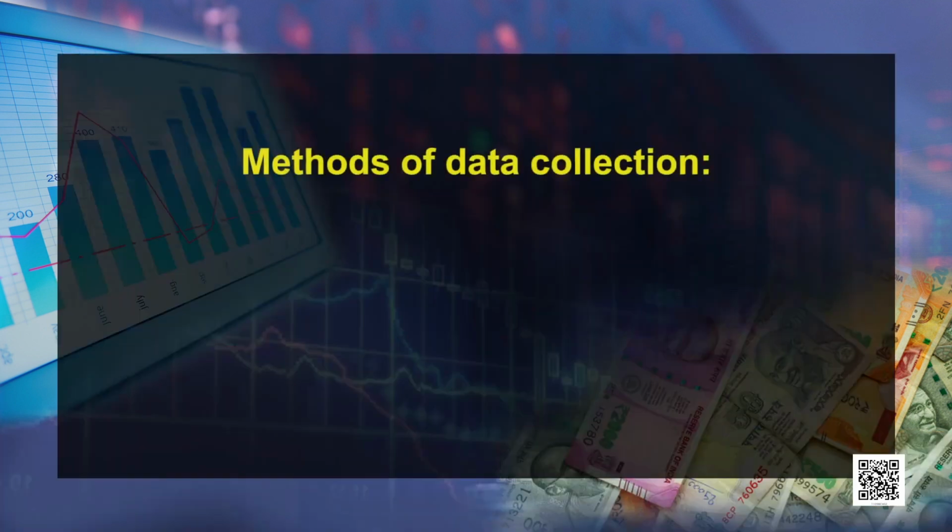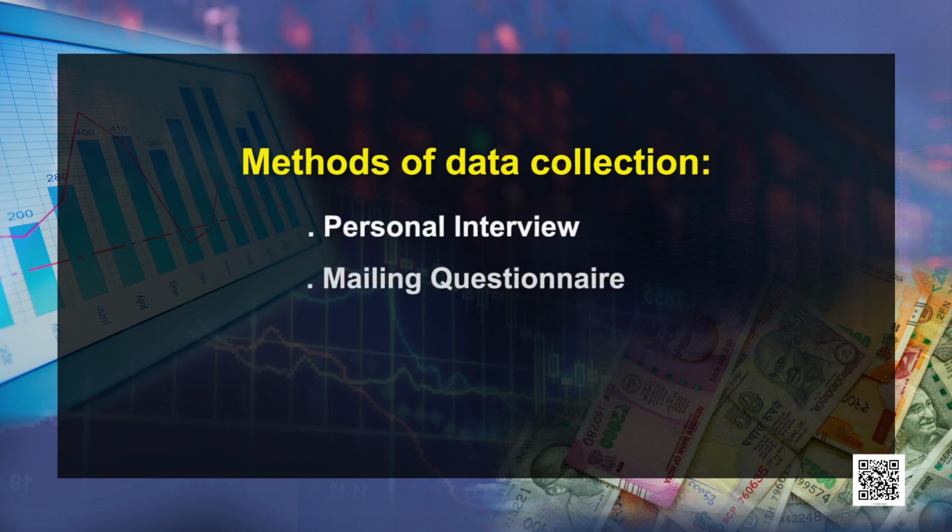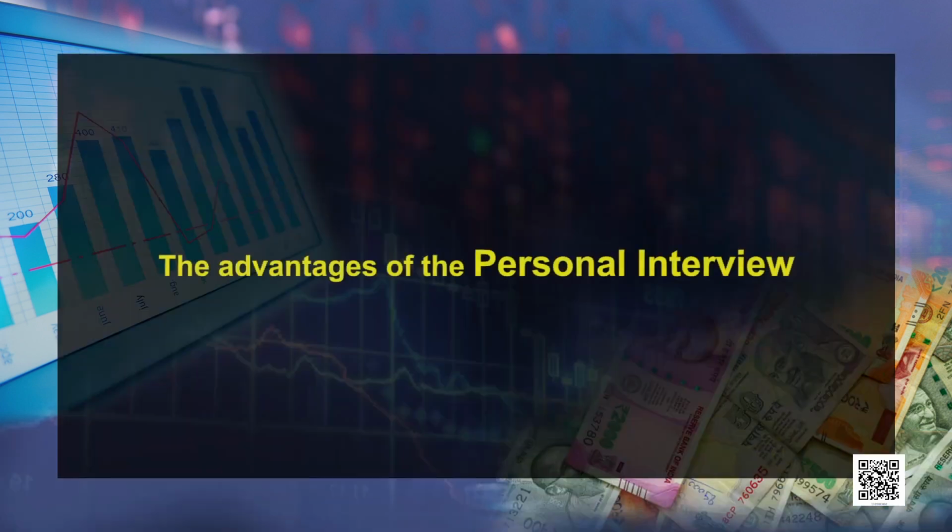There are mainly three methods of data collection. They are personal interview, mailing questionnaire and telephonic interview. Let us discuss the three methods one by one. The advantages of the personal interview are that the enumerator can personally explain to the respondent the objective of the inquiry and the importance of the study.